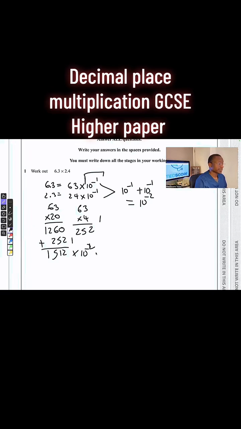So these minus 2 are just decimal places. So I move the decimal places back up. So it becomes 15.12.